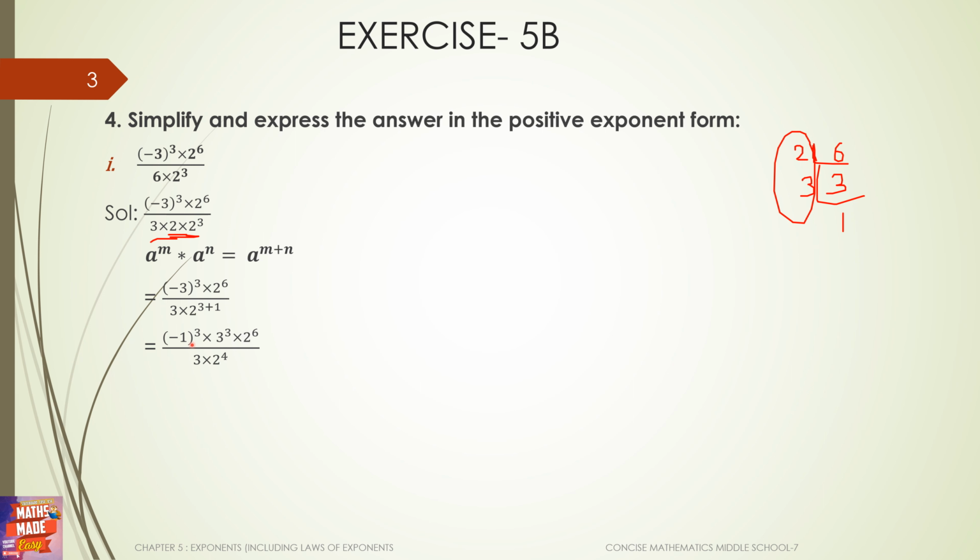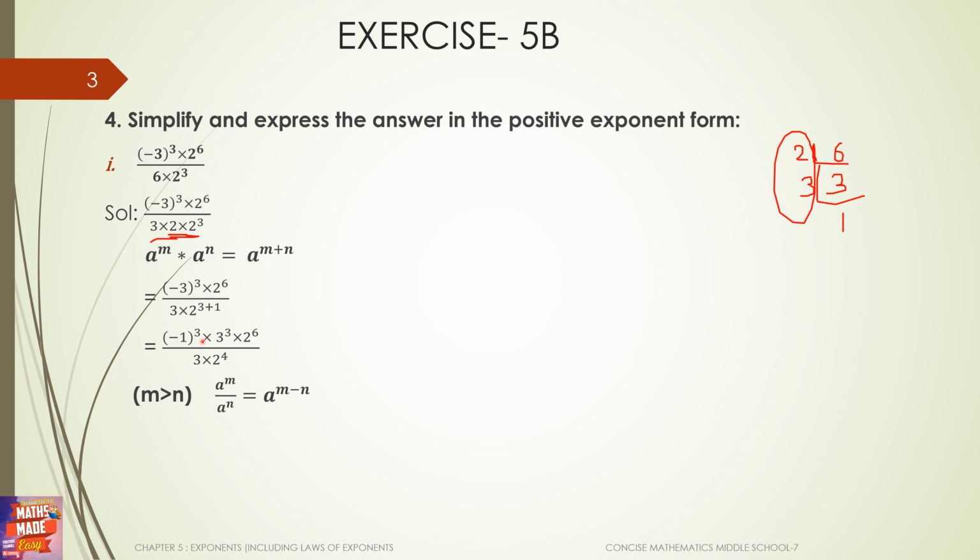I hope it's clear why we have taken minus 1 to the power of 3. To make the base equal, look here children, you can apply a to the power of m, a to the power of n formula. But look, the bases should always be equal, right? But here it is minus 3 and it is 3. It is completely different. To make it same, you can get this minus outside separately along with the cube for that.